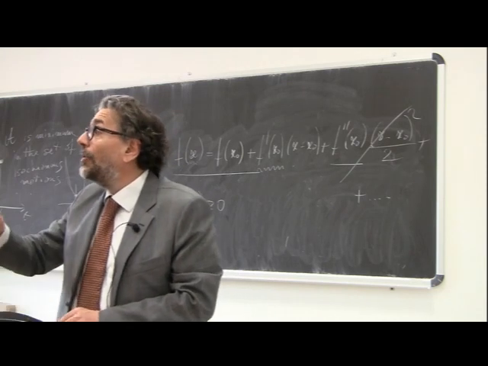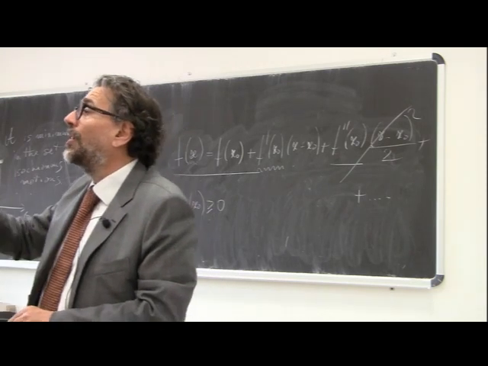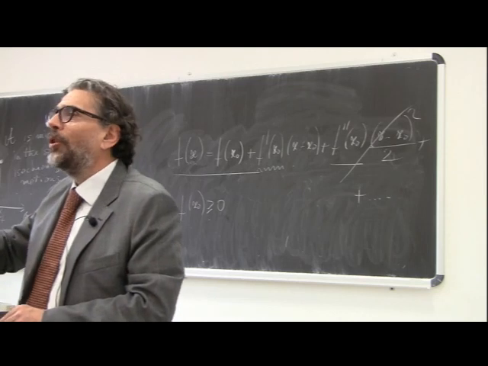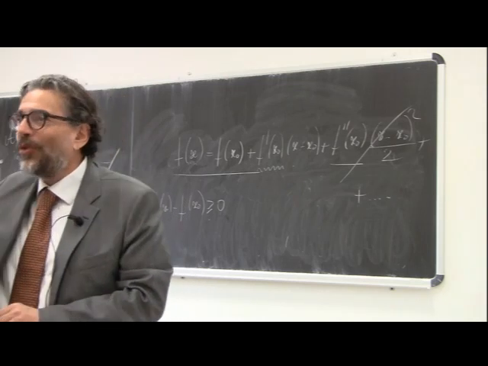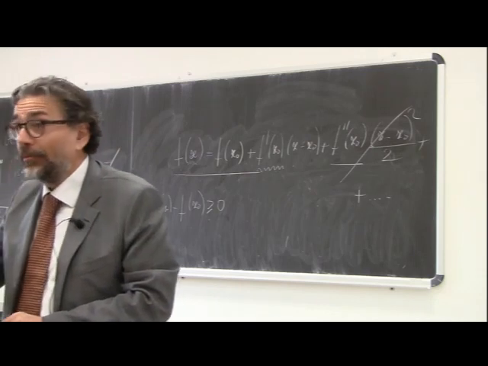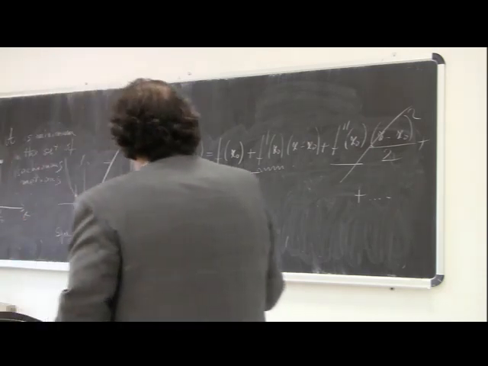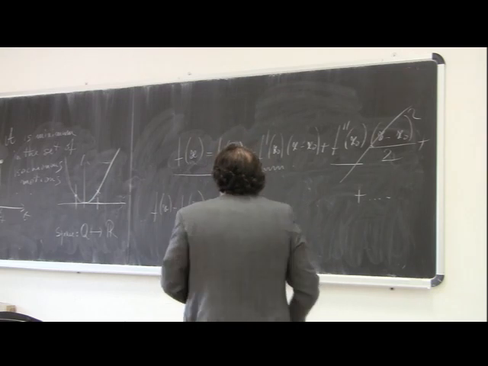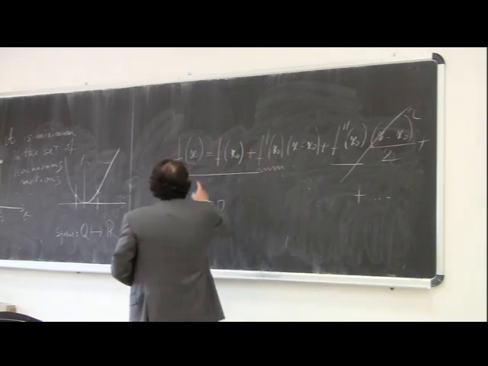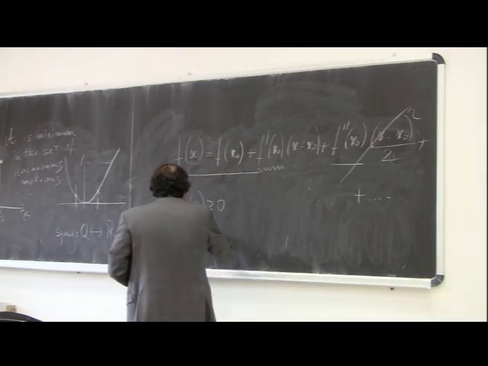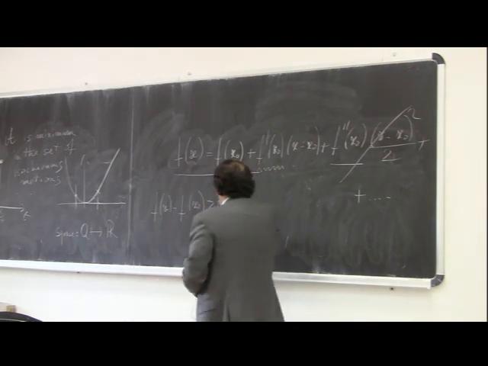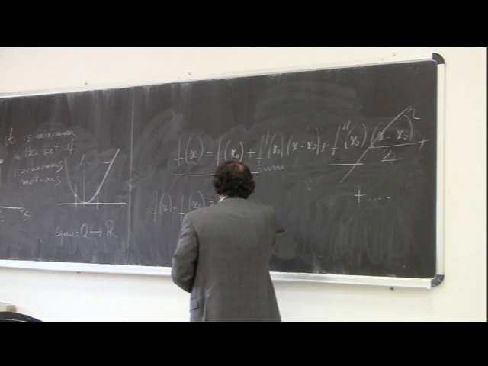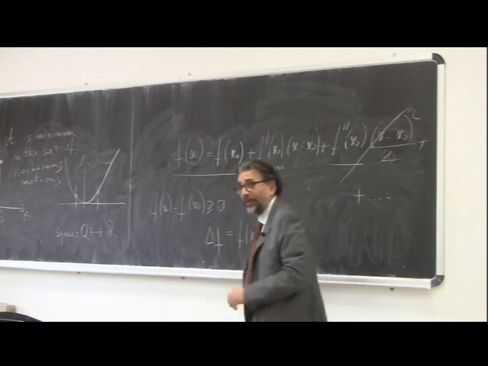Okay? Now, think that Lagrange understood what I'm going to tell you when he was 19 years old. The finite variation delta f is f of x minus f of x0.